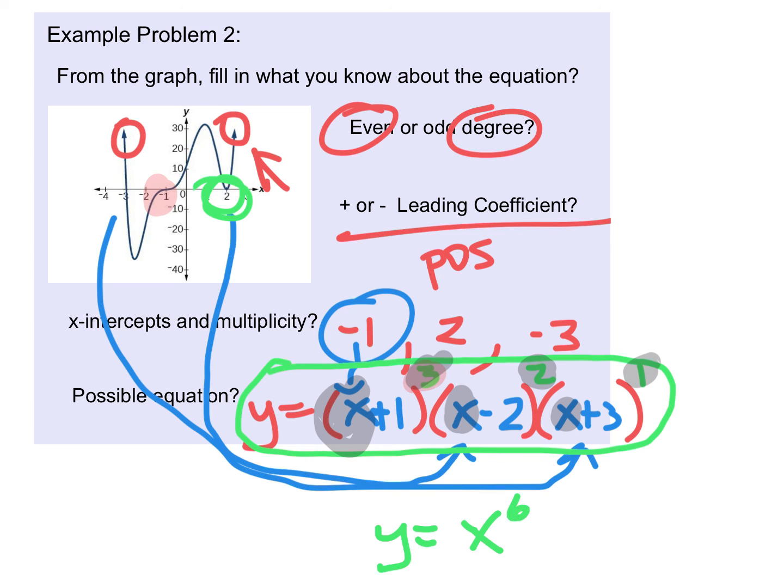That means this is degree 6. That's all of those lead terms getting multiplied out. Gives me one boss lead term. And that tells me it's up on the right. It tells me both ends are going to be going the same way. It tells me it's degree 6. Yeah, that's pretty much everything.